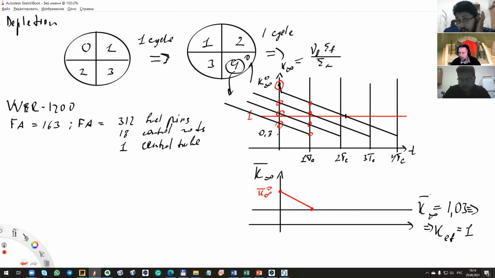So after the reloading process, it's there and further. It's a saw-type curve, yeah.